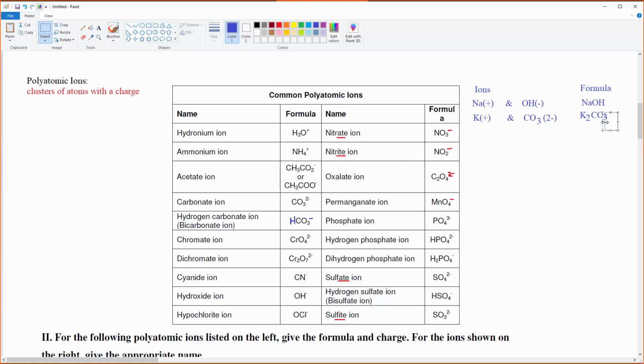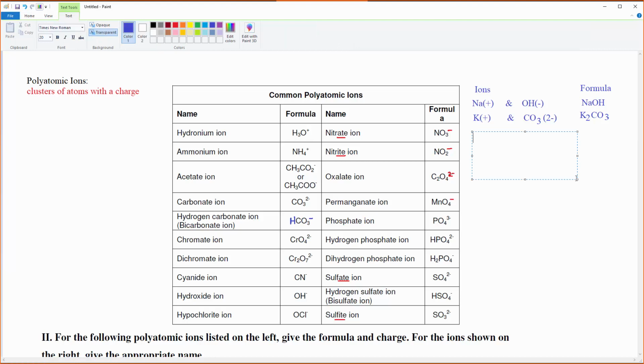Pretty similar. Okay, what if we did magnesium, which has a 2+ charge because it's in group 2, and we did nitrate, which is the NO3 with a - charge.